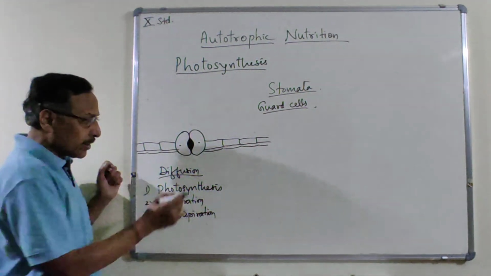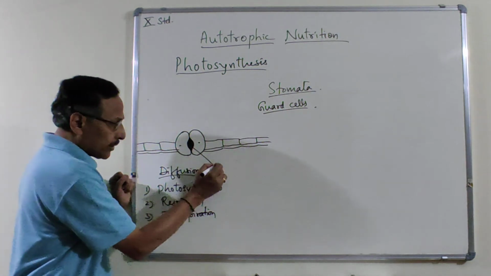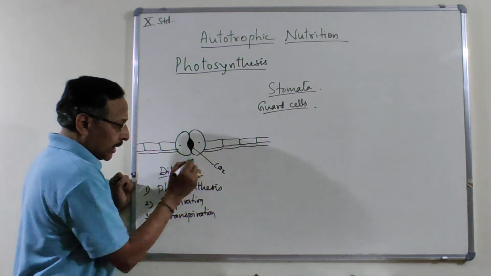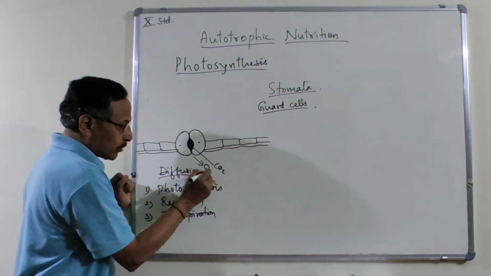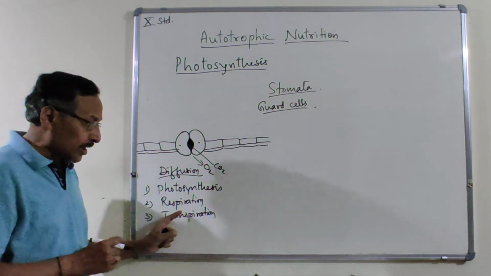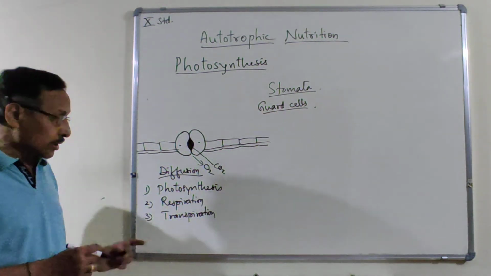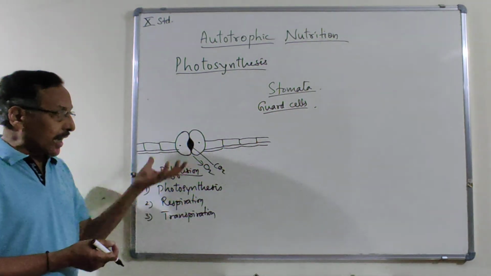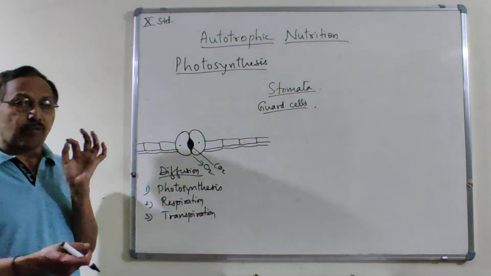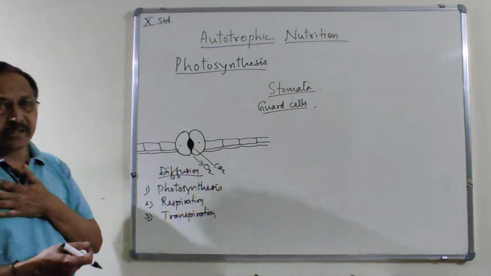During photosynthesis, carbon dioxide goes in and oxygen comes out. During respiration, oxygen goes in, carbon dioxide comes out. And during transpiration, excess of water is lost in the form of water vapor.